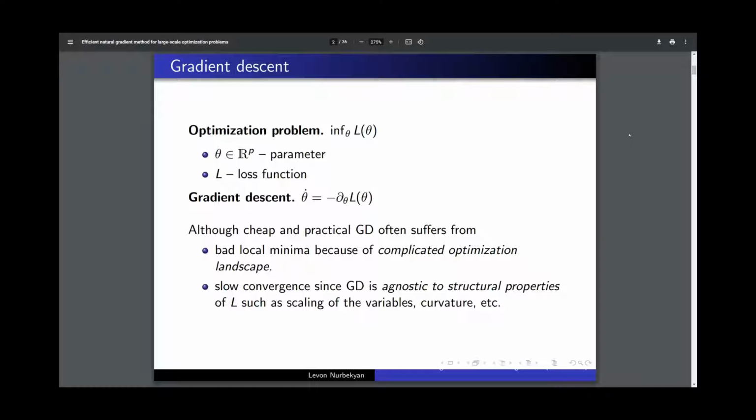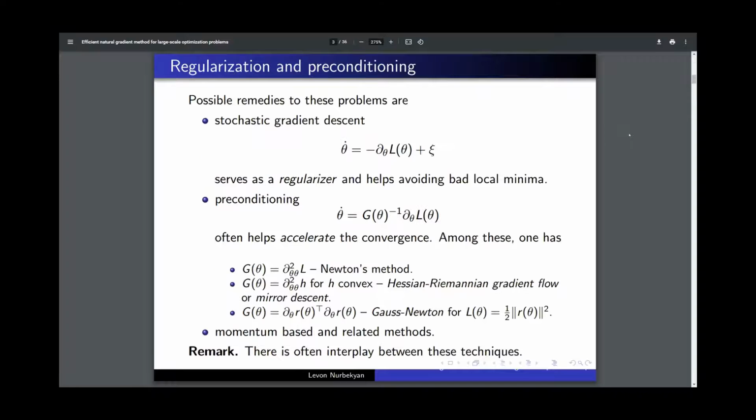It might have bad local minima. The optimization landscape can be very complicated, and in general, the vanilla one is agnostic to structural properties, so it doesn't use any of them. Of course, there are multiple remedies that people have come up with. There are versions using stochastic gradient descent that serve in some sense as a regularization and help you avoid, let's say, bad local minima.